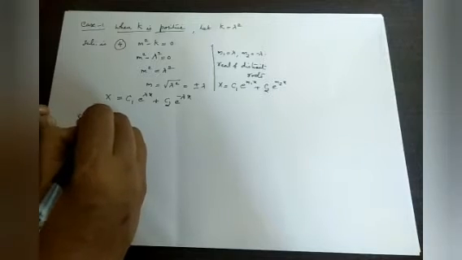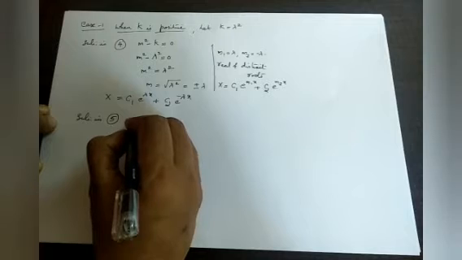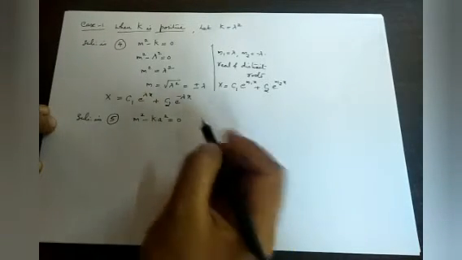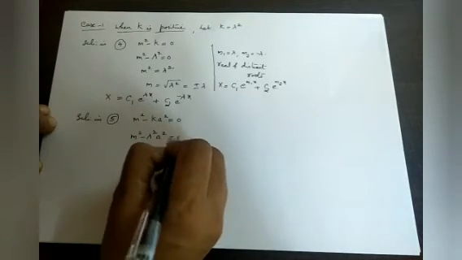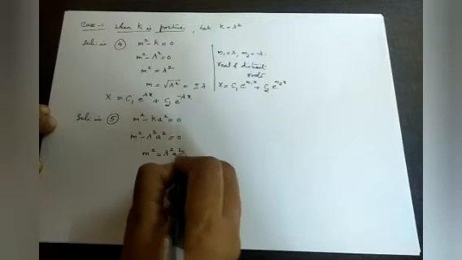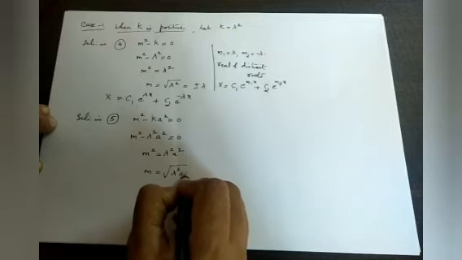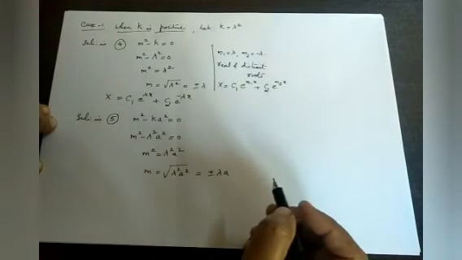Now substituting in equation 5, we have m square minus k a square equal to 0. That is m square minus lambda square a square equal to 0, or m square is equal to lambda square a square. M is equal to square root of lambda square a square, which is equal to plus or minus lambda a.